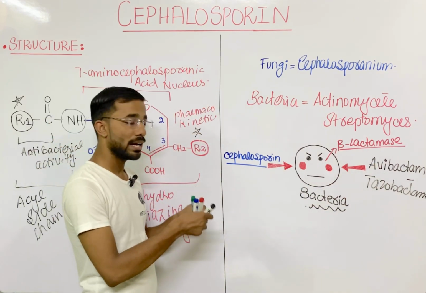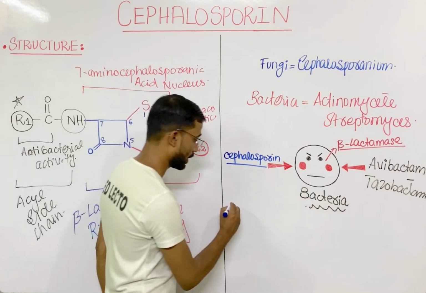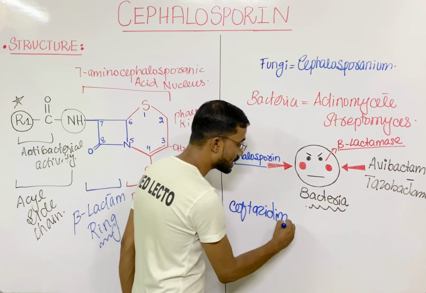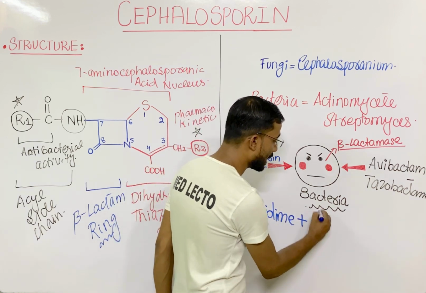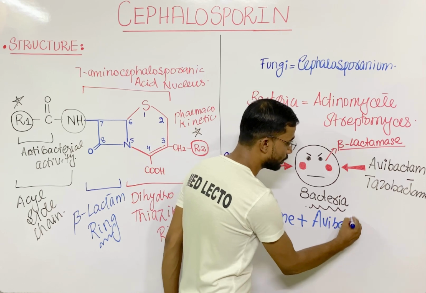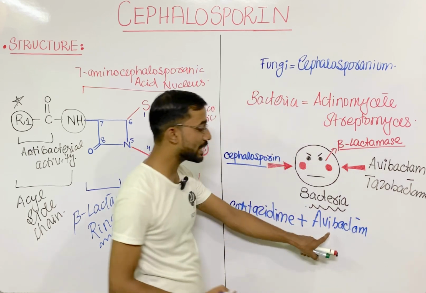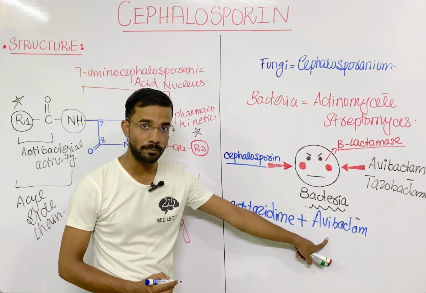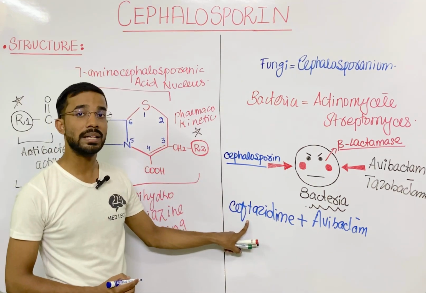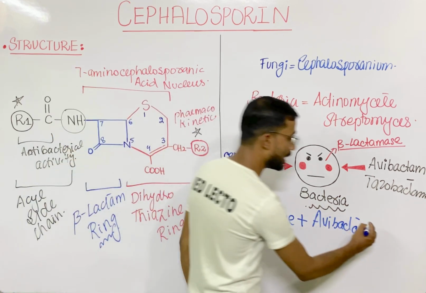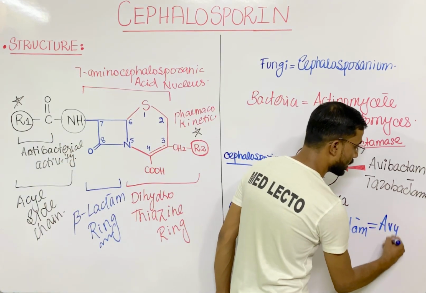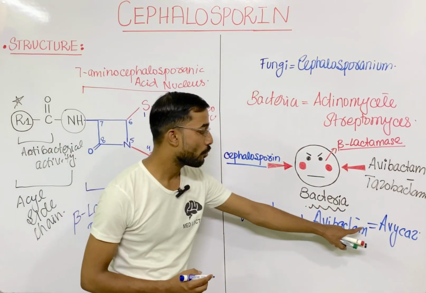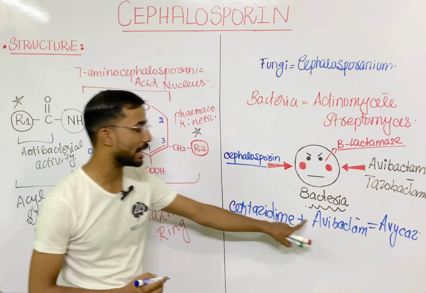For example, ceftazidime is given along with avibactam. Avibactam will inactivate the beta-lactamase enzyme, and the ceftazidime kills the bacteria, and its brand name is Avicase. In Avicase, we add both ceftazidime and avibactam.